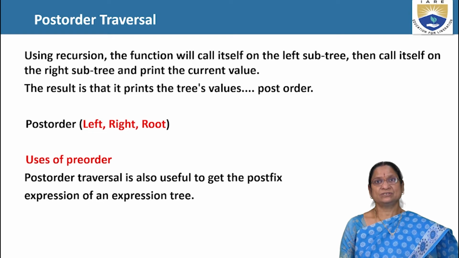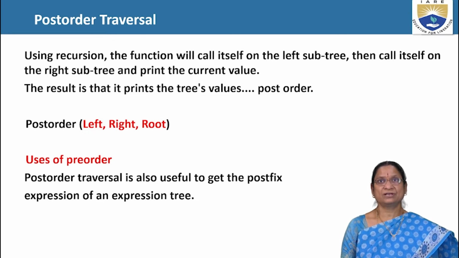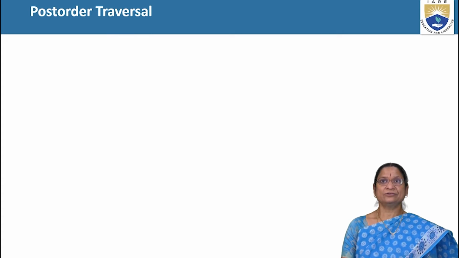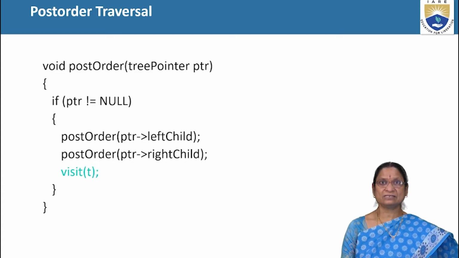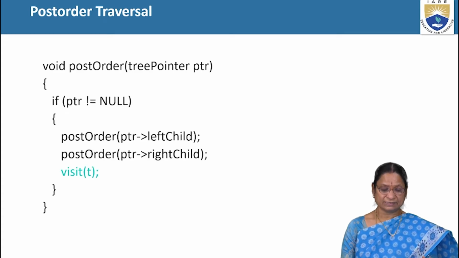One of the applications of this post-order traversal of the tree is printing an arithmetic expression in postfix form, if you represent the arithmetic expression as a binary tree. How does the post-order traversal work? It is a small recursive procedure.